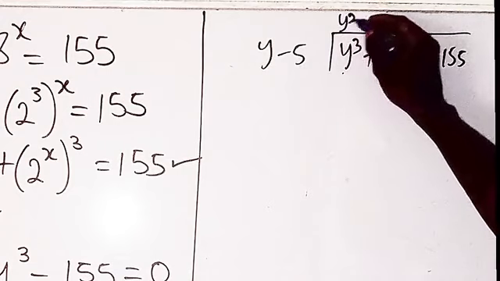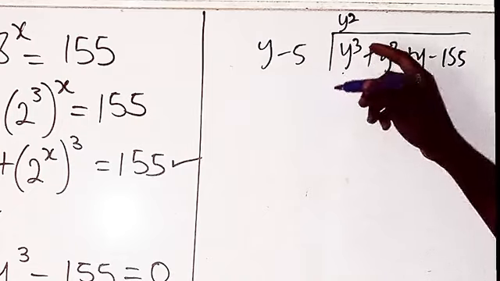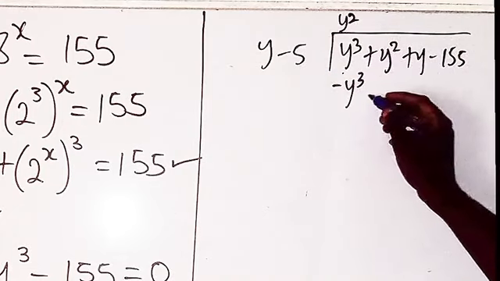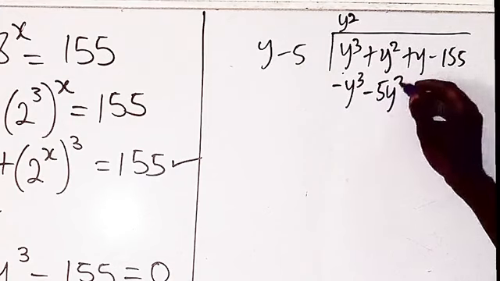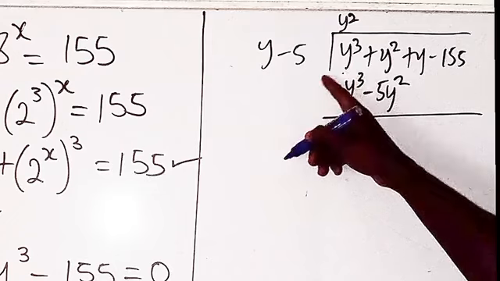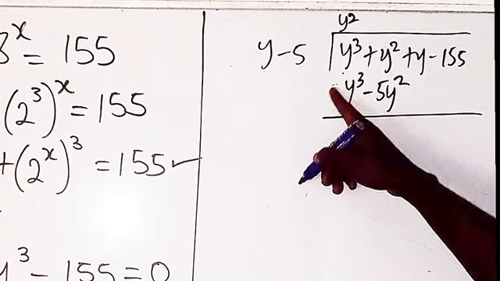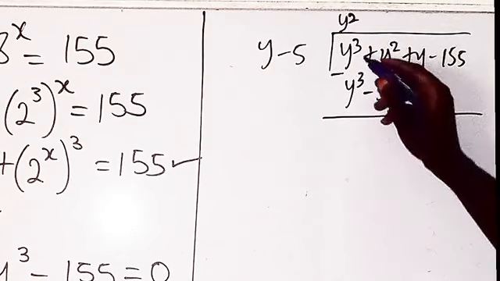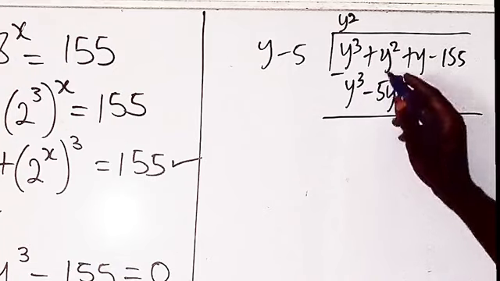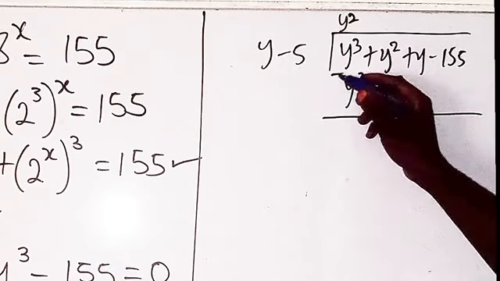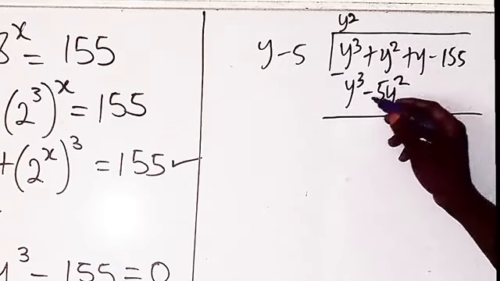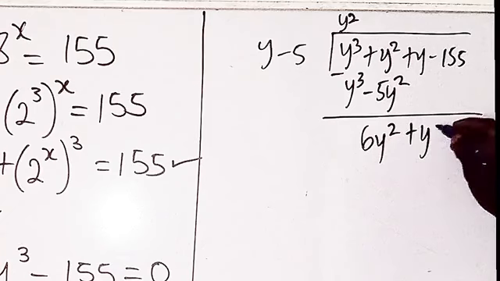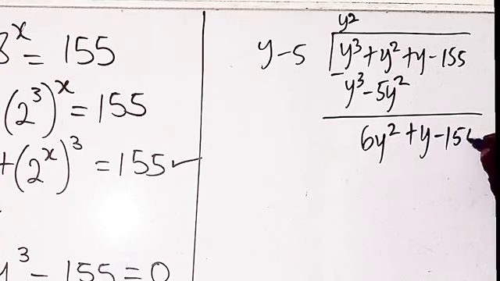We're going to have y squared times this, we're going to have y to the power of 3 minus 5y squared. Then we do subtraction. Y to the power of 3 minus y to the power of 3, we're going to have 0. So y squared minus minus 5y squared, that will be plus. Y squared plus 5y squared, we're going to have 6y squared. Then here we have plus y minus 155.